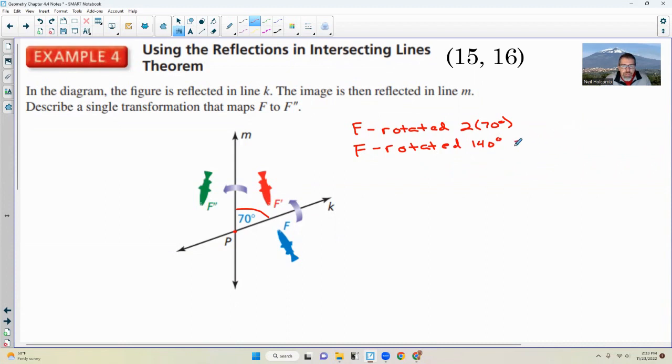And that would be counterclockwise or CCW, but that is implied. If you don't say it, we do go counterclockwise. It has to say clockwise or rotated in a negative direction. This is positive. All right, so F rotated 2 times 70 degrees, F rotated 140 degrees would map F to F double prime.